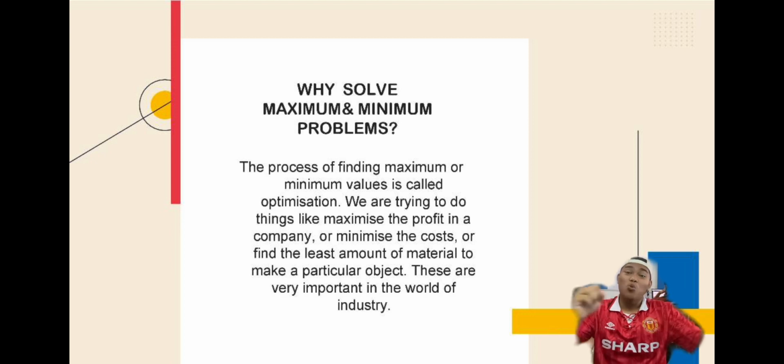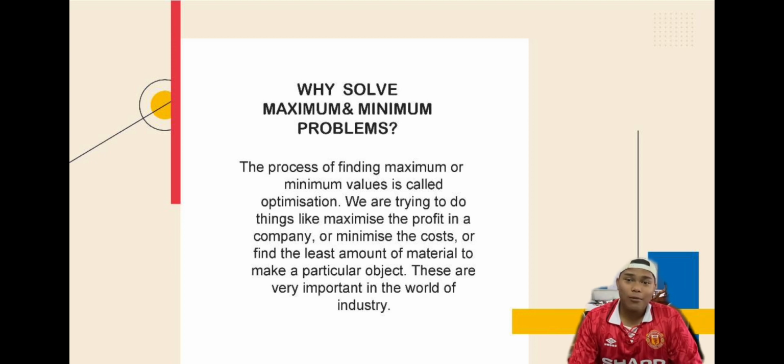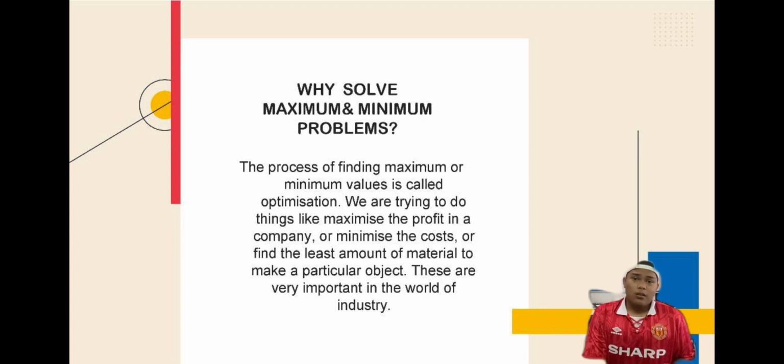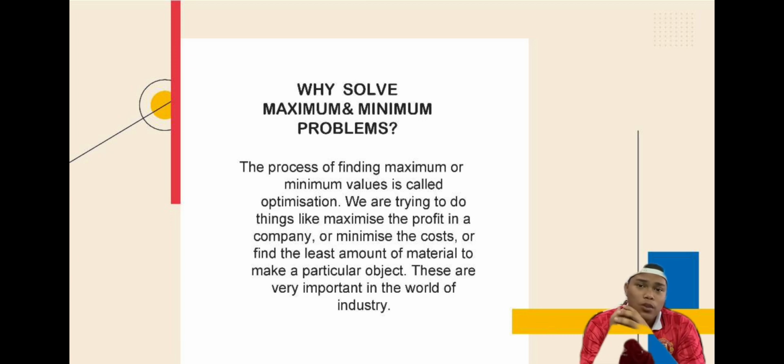So hi guys, we meet again. Today I'm going to tell you the big reason why we need to solve maximum and minimum problems. The real reason is that as a developer of a company, we must estimate the real amount of material used so that we can reduce the waste material after the project is done.